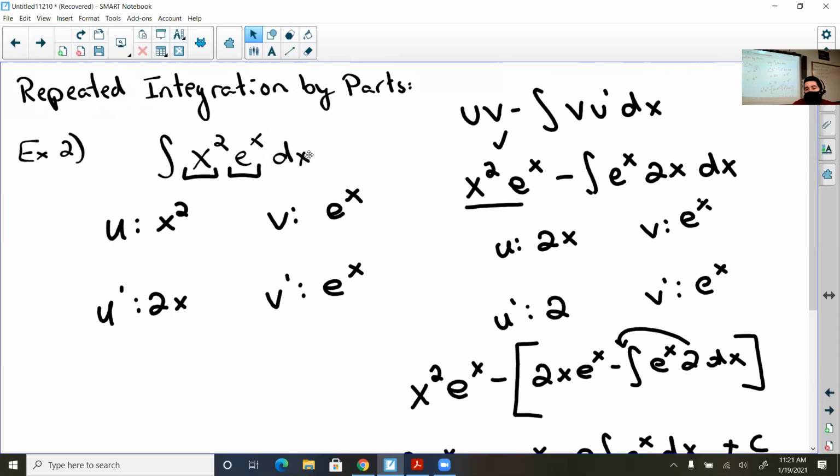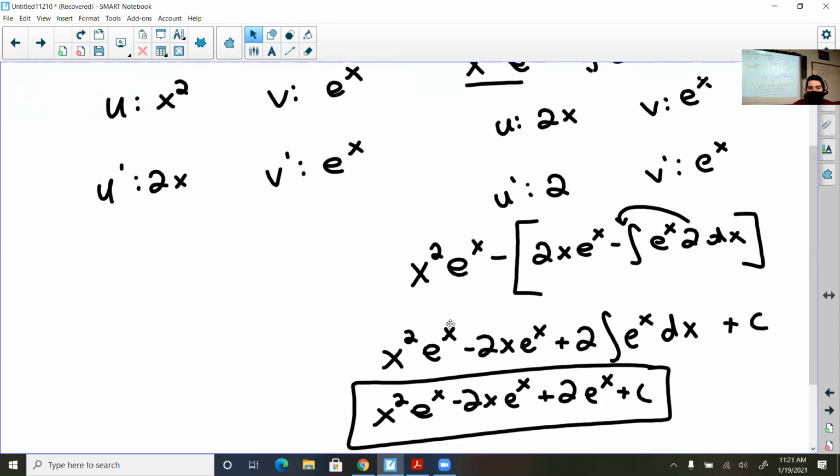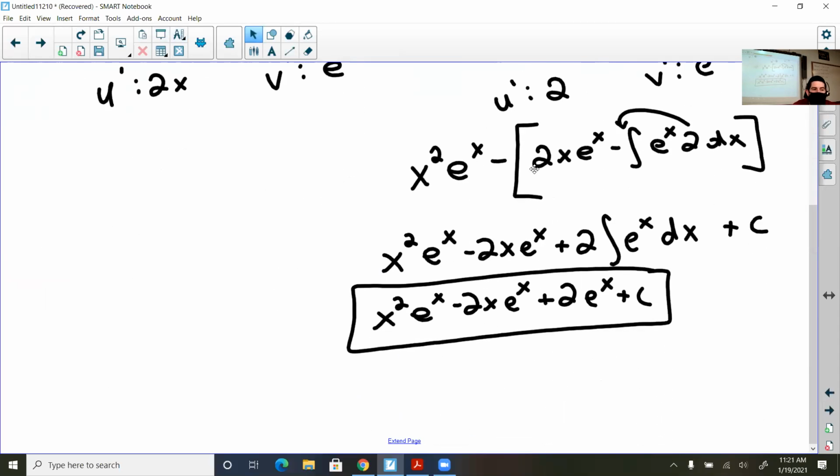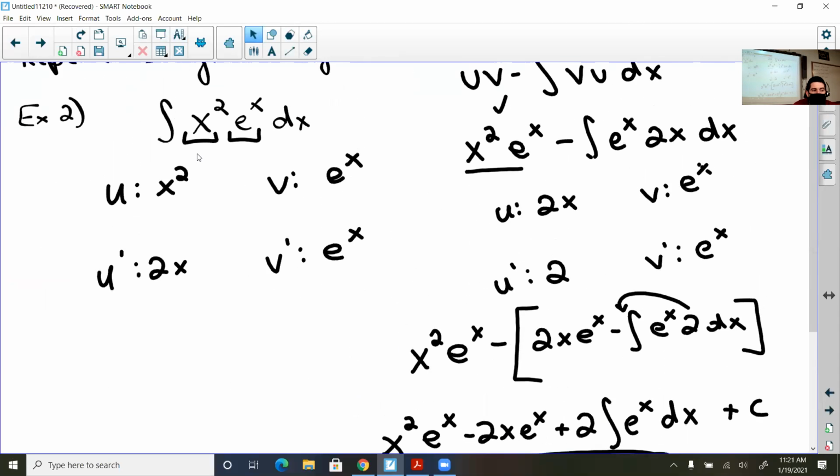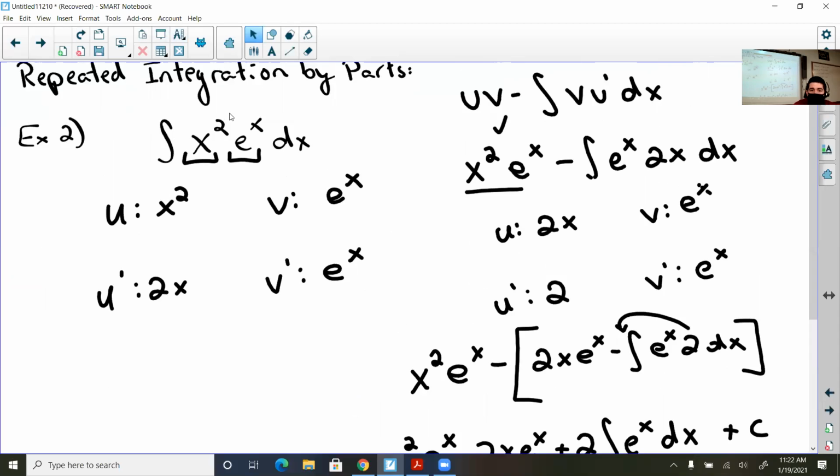Now, can you imagine what would have happened if we had a cubic function? That means we would have had to do the anti-differentiation by parts once, twice to get it down to a quadratic, and a third time to get it down to the linear, which would have resulted in a constant. So the higher the degree of this first term is, that tells you how many times you're going to have to do the integration by parts.